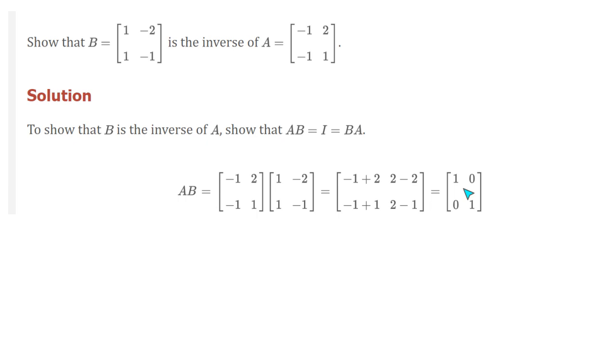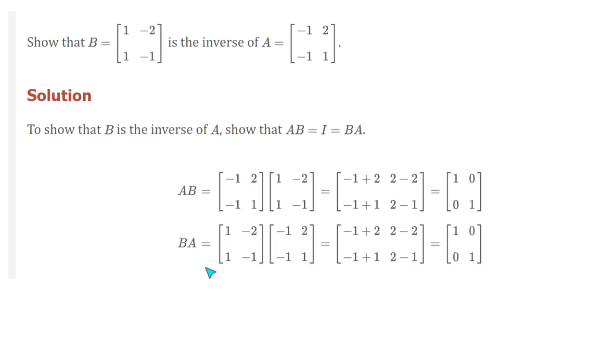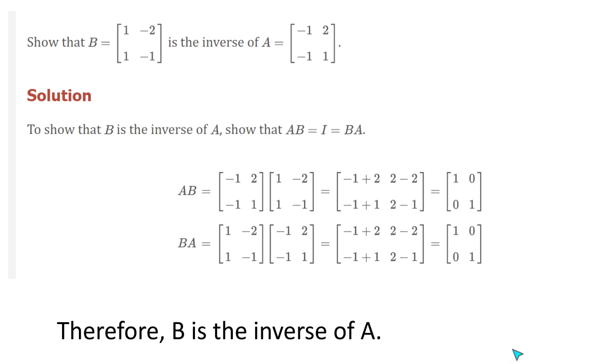But it's not good enough for us to say that they are inverses until we multiply B times A. If we multiply B times A and we follow the same steps that I showed earlier, then we also get the identity matrix. So since A times B is the identity matrix, and B times A is the identity matrix, then we can say that A and B are inverses of each other. So B is the inverse of A.